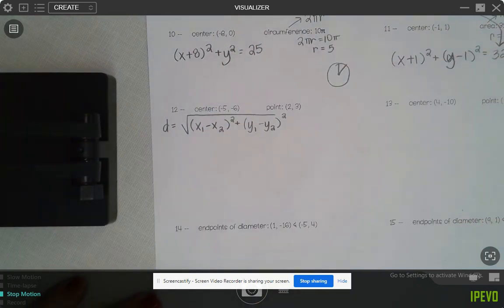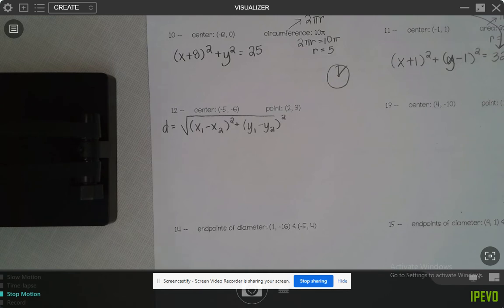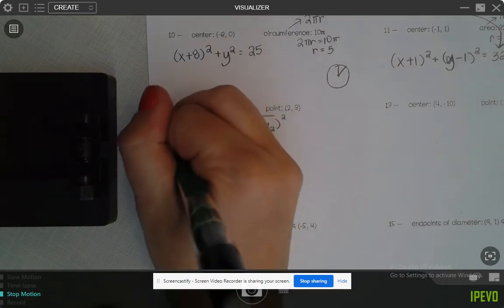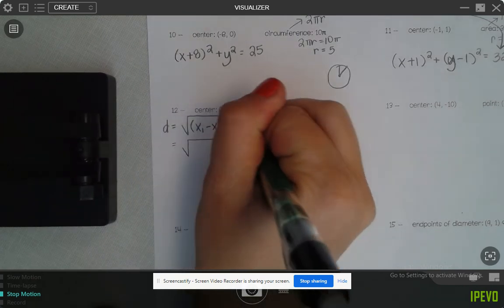There's your distance formula. I suggest you write it down. X minus x squared plus y minus y squared. It does not matter the order of your x's and y's. You have all these formulas I'm throwing at you, this is a must. You should already know the distance formula.